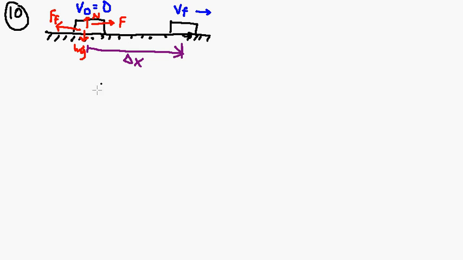Obviously these forces are going to cause some kind of acceleration. If it starts at rest and then at the end it's moved some distance, it can't just sit there and move, so it must be accelerated by this force. So let's recall one of our equations from two-dimensional motion, which is v final squared equals v initial squared plus 2 times acceleration times delta x, how far you travel.